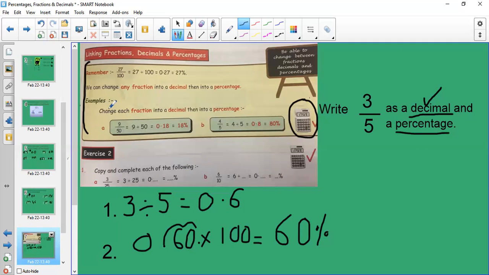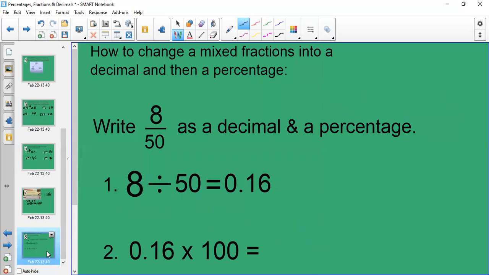And if you look here, changing each fraction into a decimal, then into a percentage, it tells you how to do that step by step. Okay, we'll do one more example. How to change this fraction into a decimal and then a percentage. Write 8/50ths or 8 over 50 as a decimal first and then as a percentage.